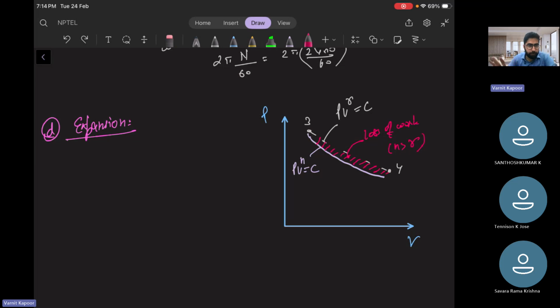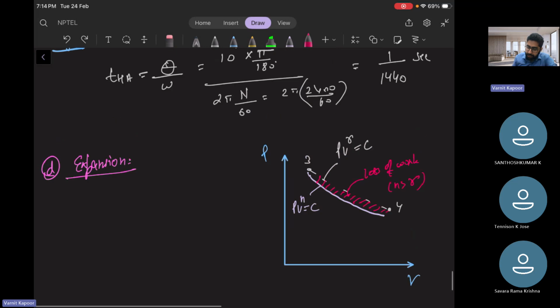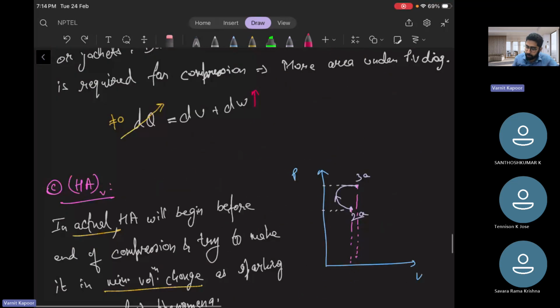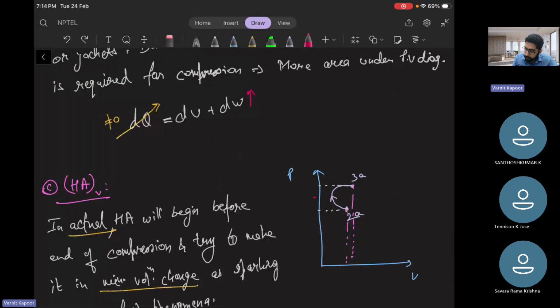let us say, as an example, we provided 100 kilojoule of heat. Heat has been added in the 2 to 3 process here, heat addition. We provided 100 kilojoule of heat, but 10 kilojoule of heat also came from the water jacket during the process from 1 to 2.